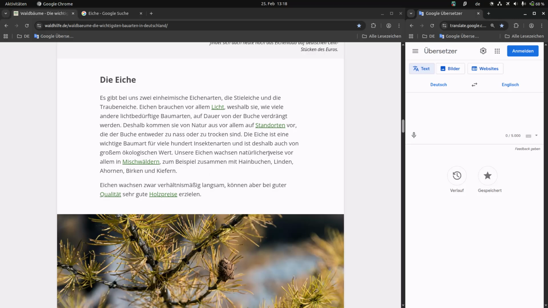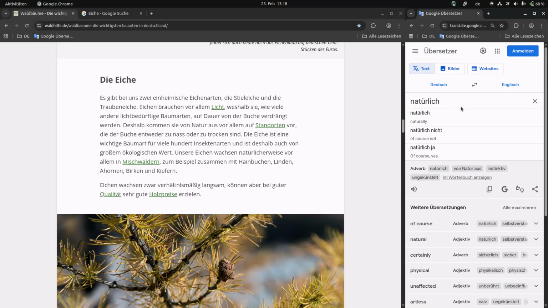So, natürlicherweise, to go back to that, natürlich means natural. Or, of course, if you respond to somebody's comment, you say natürlich, meaning of course, but in terms of describing something, it means naturally. And natürlicherweise basically means if it were completely natural.